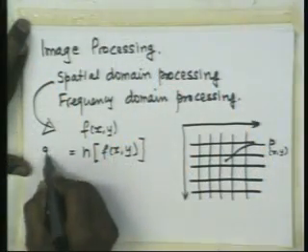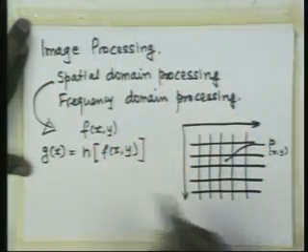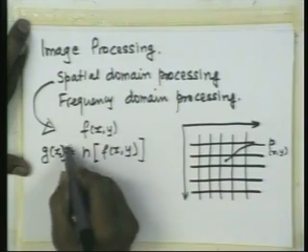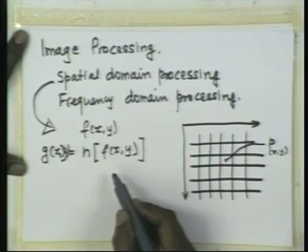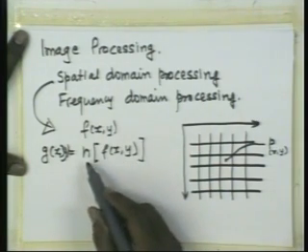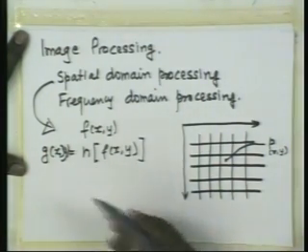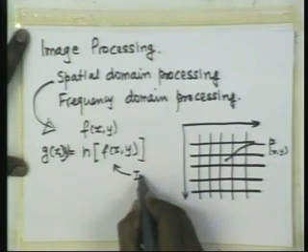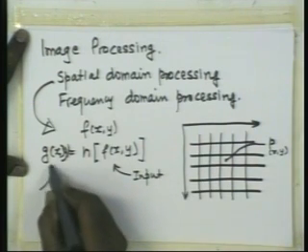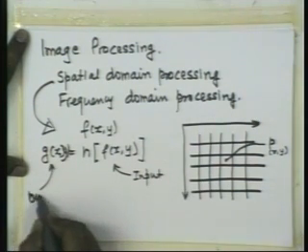Now the processing basically takes this image and applies a function or a filter to it to yield a different image. If the processed image is g(x, y), then it is some function h of the original image f(x, y), processed by a transform or a filter, you can call it in general, this being our input image and this is the output image.